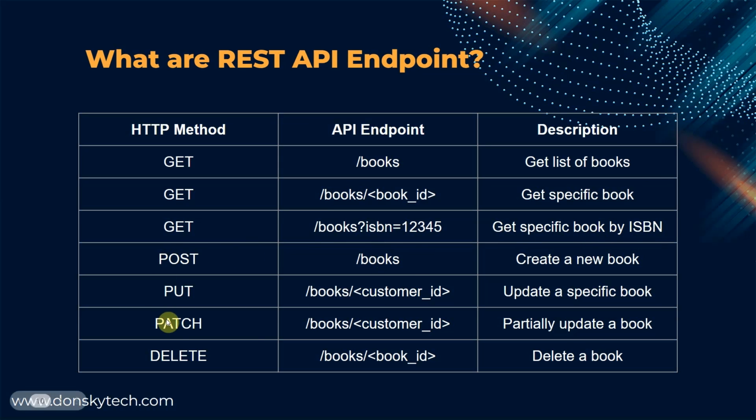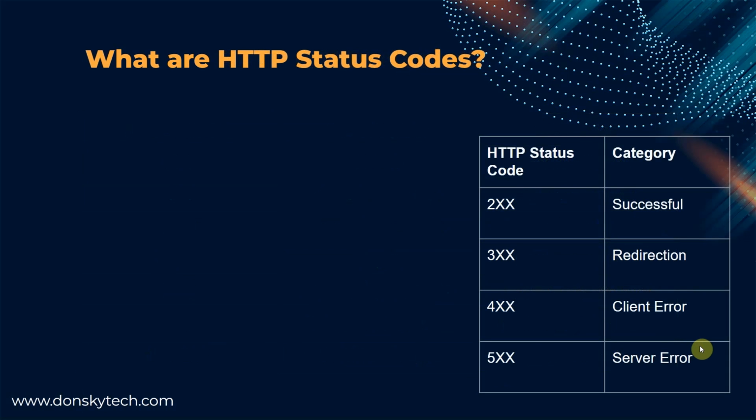Same also with the other HTTP methods. For example, for delete, when you pass in the DELETE method with this API endpoint and you pass in the ID of the book, then it means you are deleting a book. You will see this in action later in the test application that we will develop.